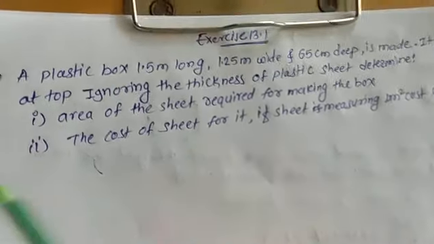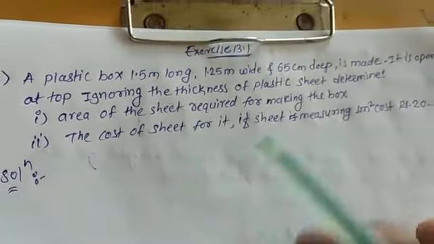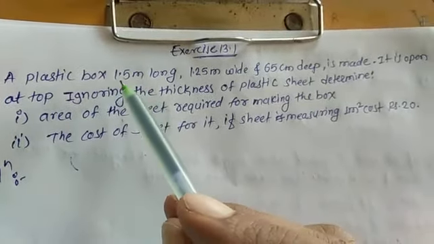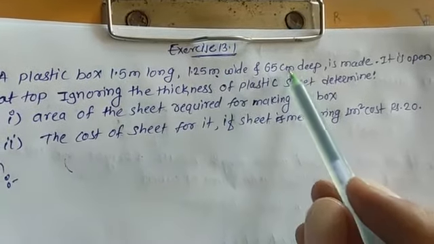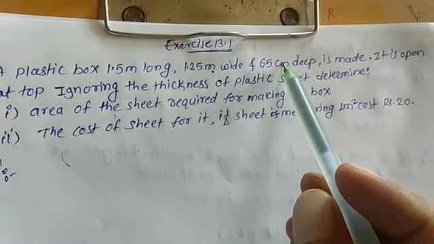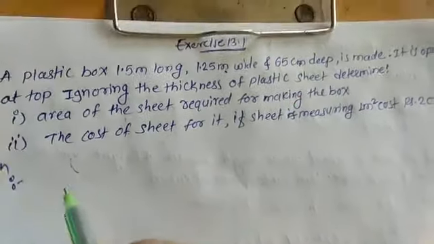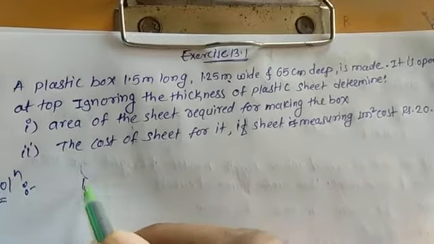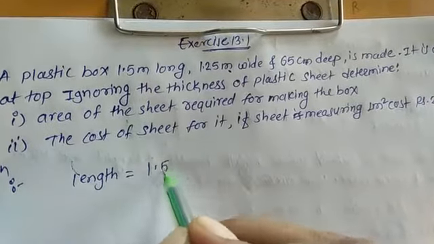Okay. Now in solution, first we have to check the units. Two of the given units are in meter and one is in centimeter, so first we will convert it into meter. Length of the box is 1.5 meter.